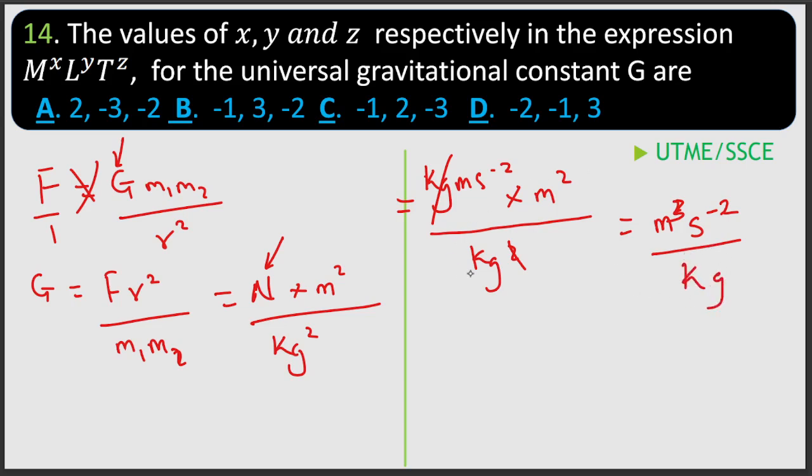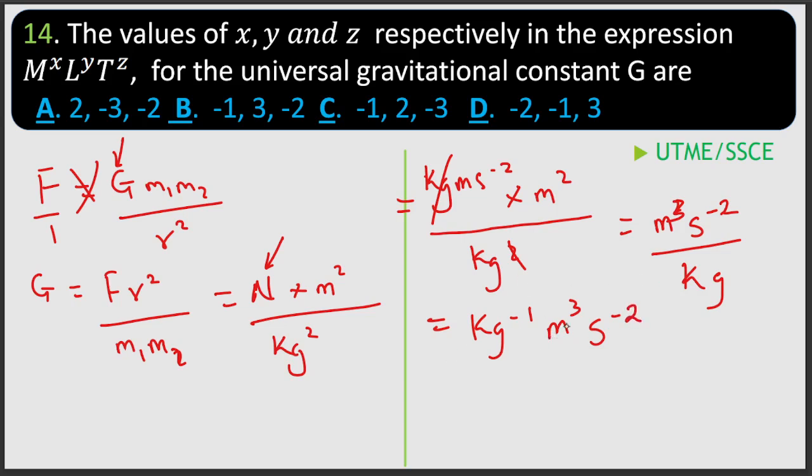So I can rewrite it like this: per kg, m cubed per second squared.